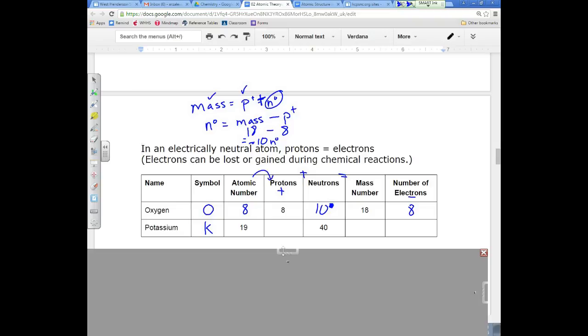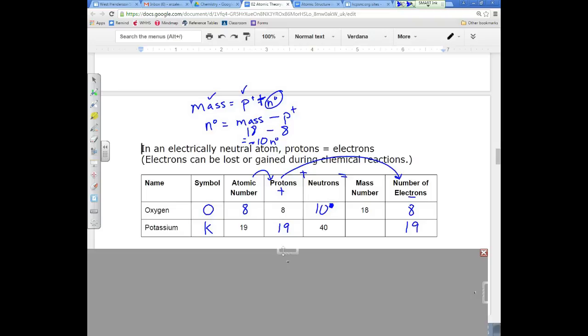So if it has an atomic number of 19, it has 19 protons. Also, we know that if it is electrically neutral, and these are for right now, then the number of protons is equal to the number of electrons. So if I have 19 positive things, I've got to have 19 negative things to make it electrically neutral.